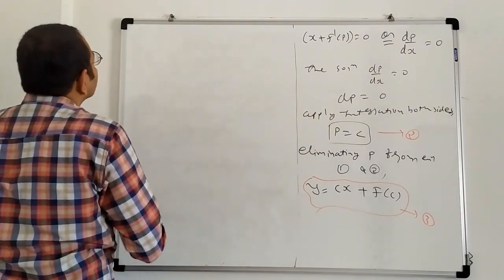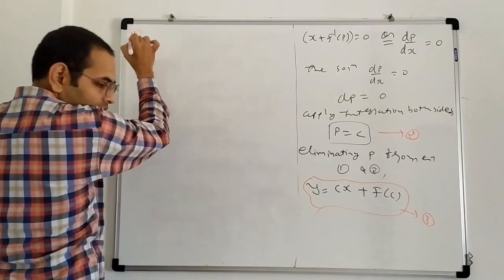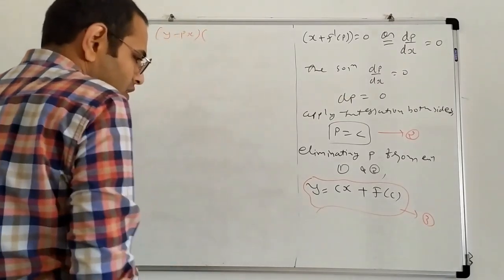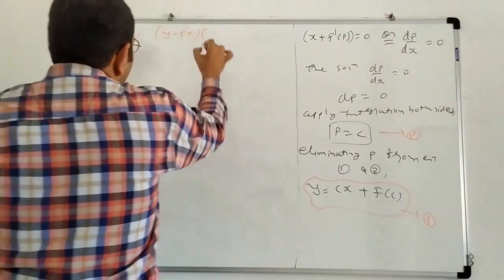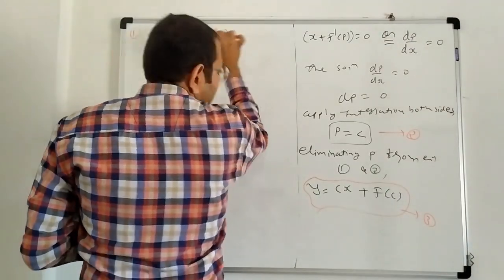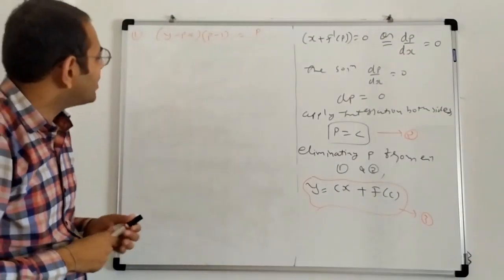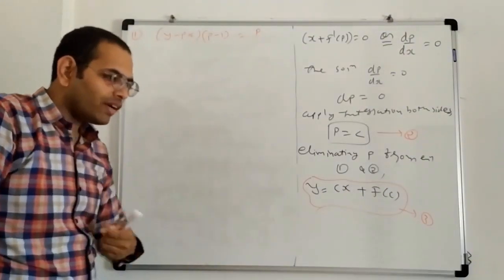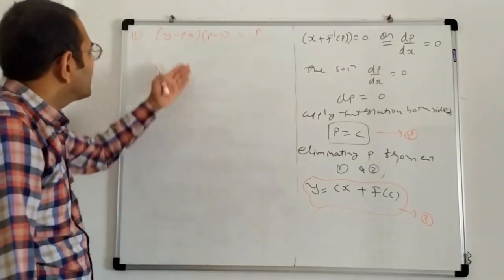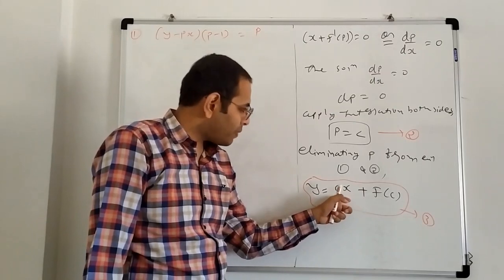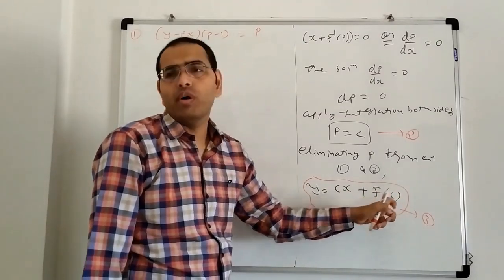Example is y minus px equal to p over p minus 1. First, whatever the differential equation given, we convert it to y equal to px plus f of p form.